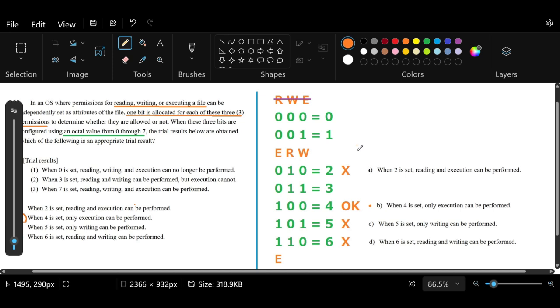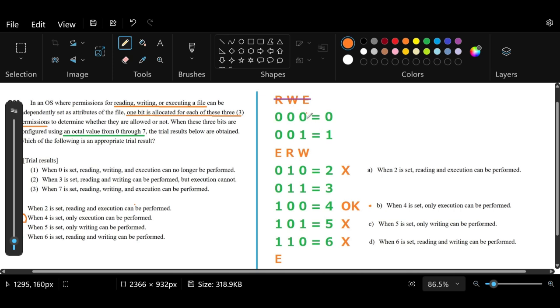That's when you feel that things aren't going as well as they should. Now, after putting in the possibilities, what we need to know next is whether we can satisfy the trial results. We have here reading, writing, and execution. We need to know whether each bit is for reading, writing, or execution.